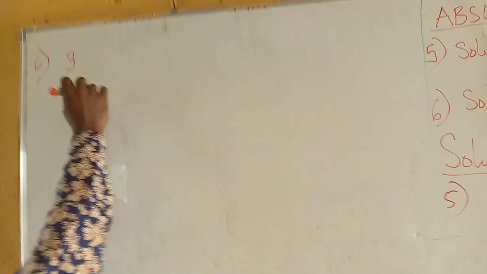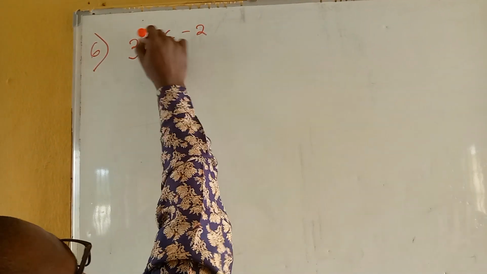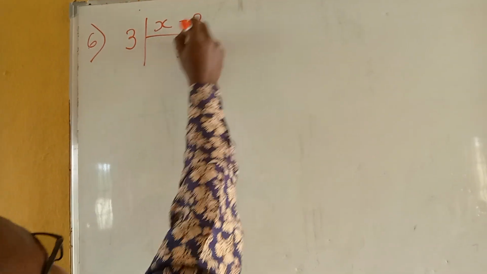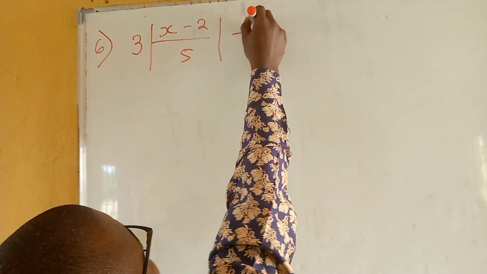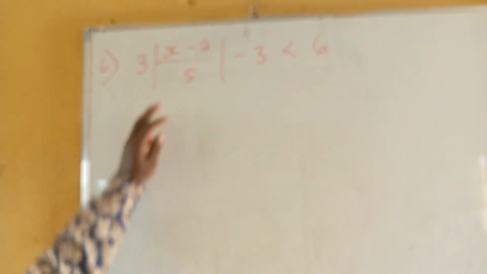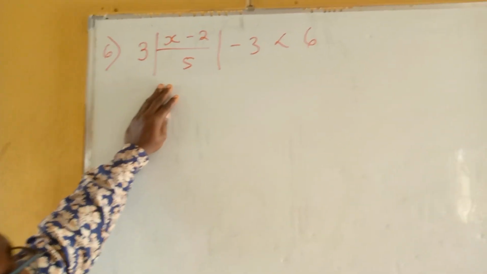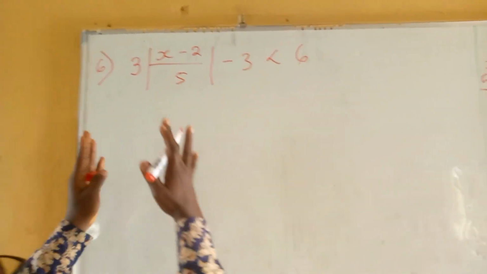3 times the absolute value of x minus 2 all over 5, minus 3 is less than 6. What you do at this point, try and see how you can write this expression so that the absolute value stays alone.